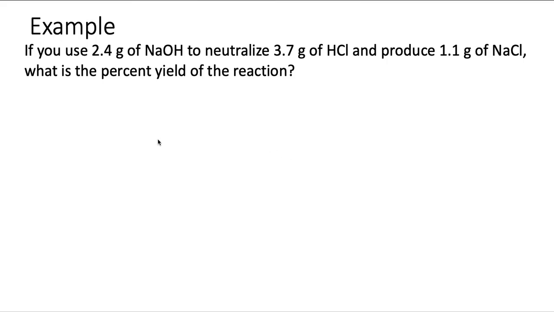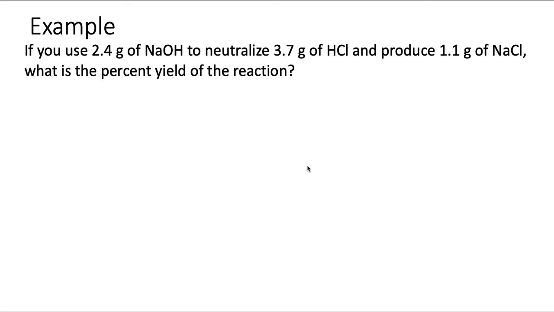Here's an example. Once again, we're going back to the acid-base reaction with HCl and NaOH. If you use 2.4 grams of NaOH to neutralize 3.7 grams of HCl, and you produce 1.1 grams of NaCl, what is the percent yield of the reaction?